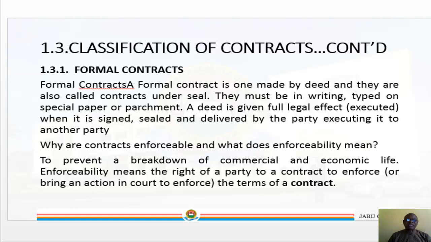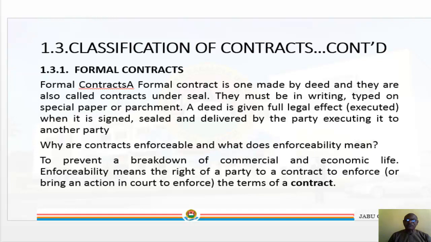They must be in writing, typed on a special paper or parchment. A deed is given full legal effect, that is executed, when it is signed, sealed, and delivered by the party executing it to another party.